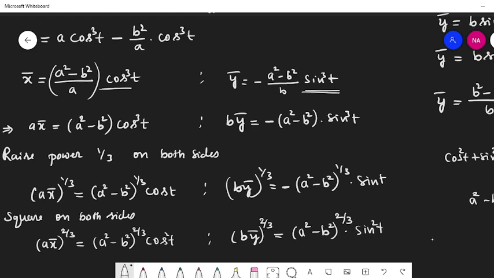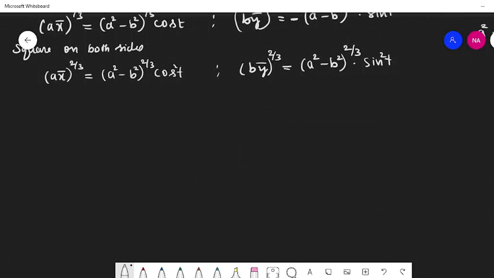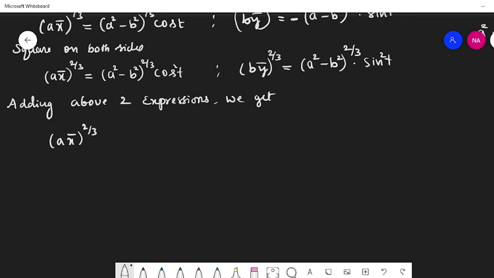Now adding the above two expressions, we get (ax bar) whole power 2 by 3.